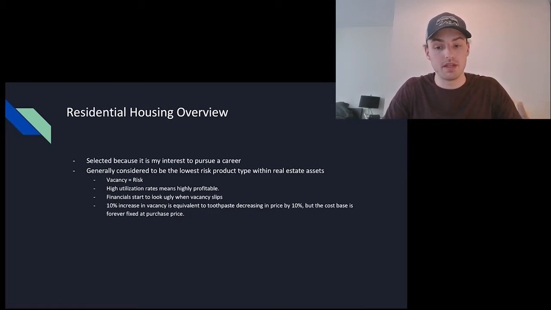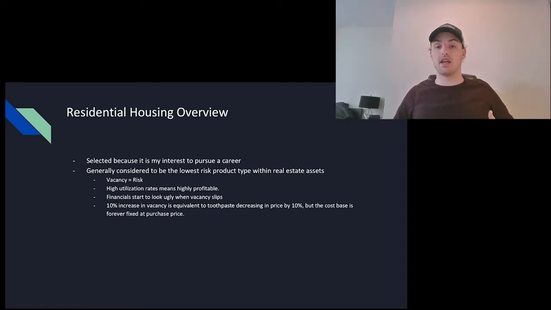On the residential side, people need a place to sleep at night, and therefore the last thing that people will do is lose their home, right? Because after they've lost their home, they could potentially be homeless. They could potentially be moving in with somebody else, a family member, etc.